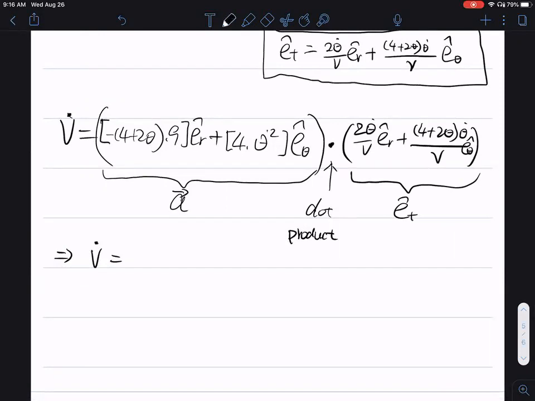Okay, I will just tell you what I have here. For this case, what I end up with is V dot, a value that is greater than 0.